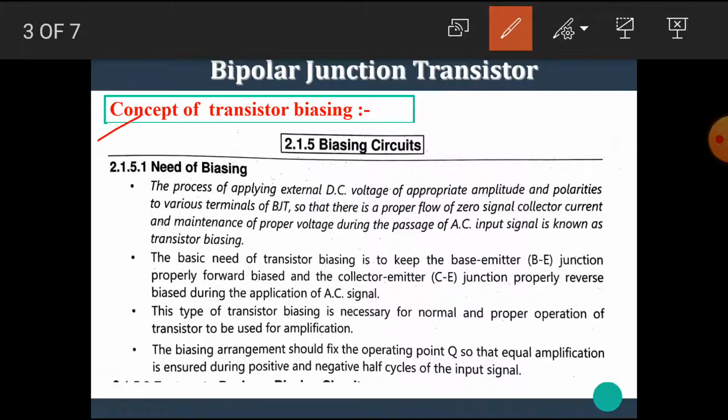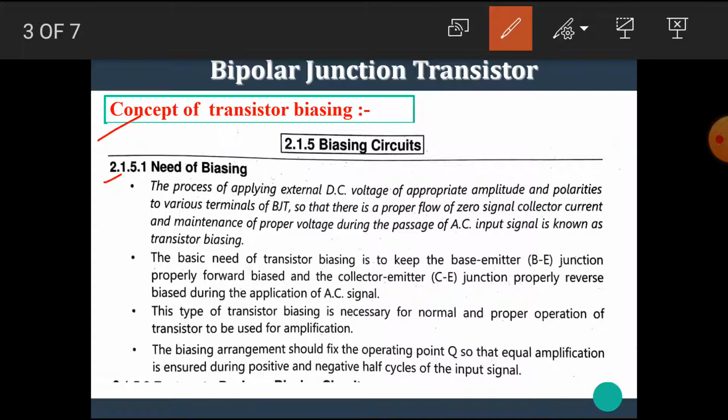First of all, we have to know what is meant by biasing. Biasing means to apply an external DC source to the proper terminals of the BJT for its operation. Let's see the need of biasing.